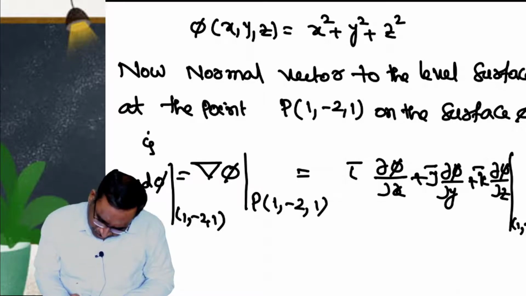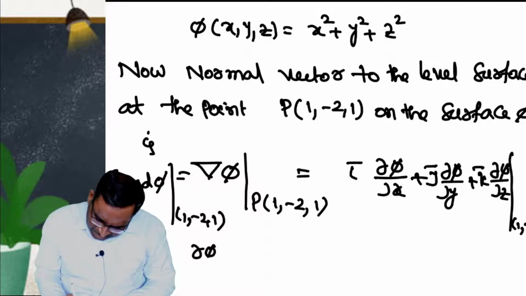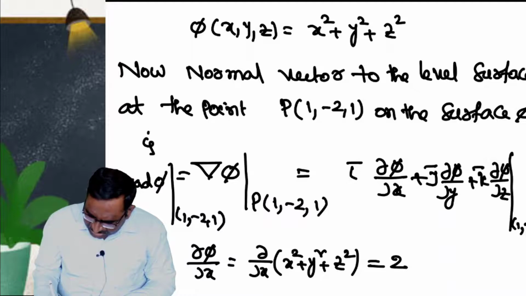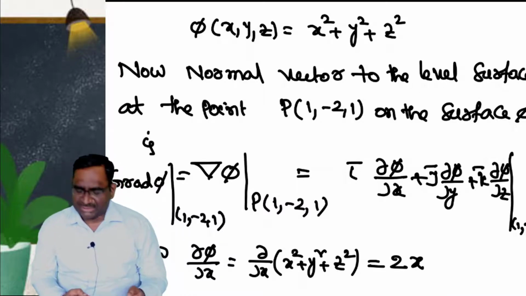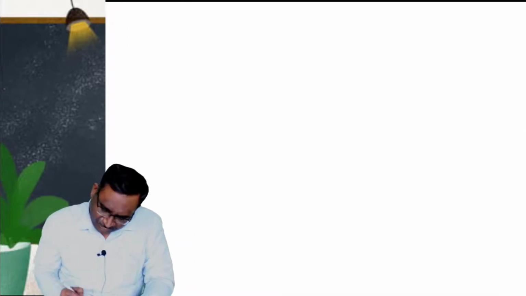Dou phi by dou x is dou by dou x of x square plus y square plus z square, which is 2x, with y and z as constants.